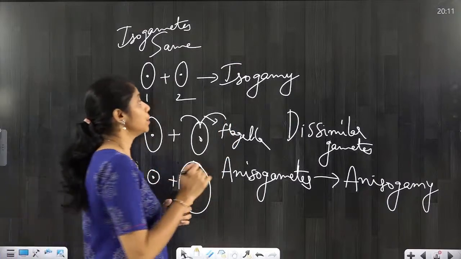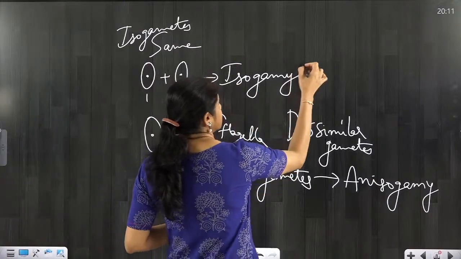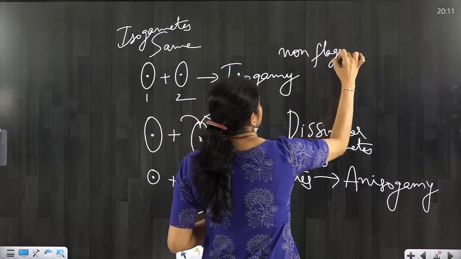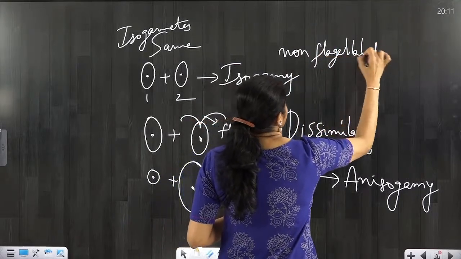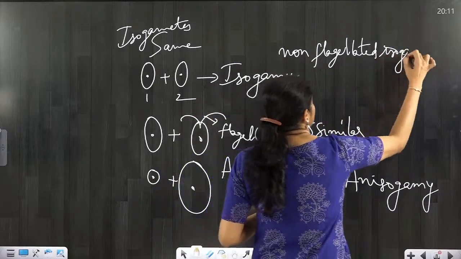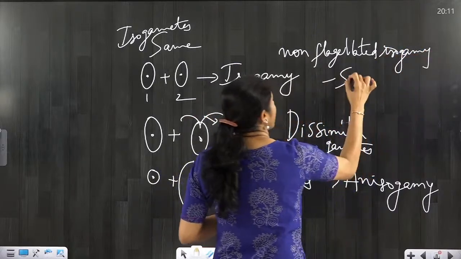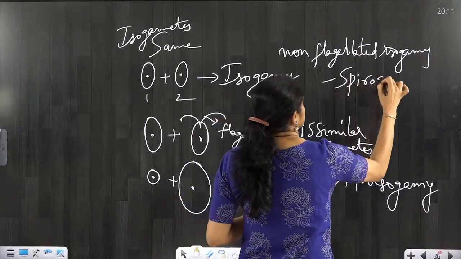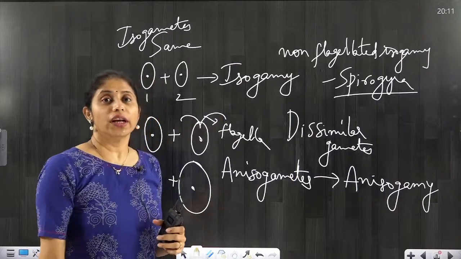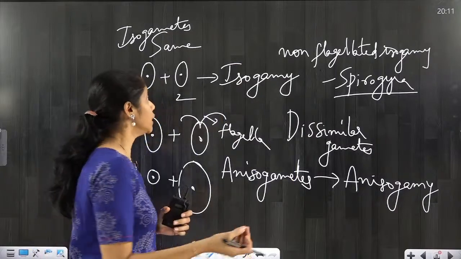For isogamy, the best examples are non-motile, non-flagellated gametes. Non-flagellated isogamy, example is Spirogyra. For the flagellated isogamy, the example is Ulothrix.